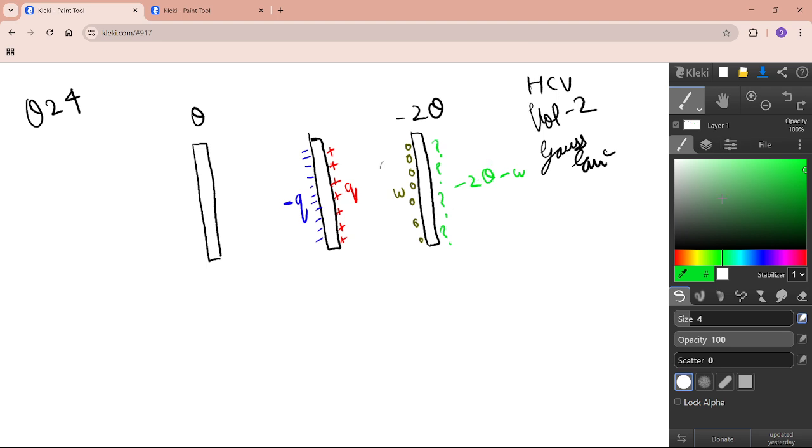Now, what you do is take a Gaussian surface. Take this as a Gaussian surface. Let me make it a little less opaque. Now we know that the electric field cannot be at an angle, by symmetry arguments.